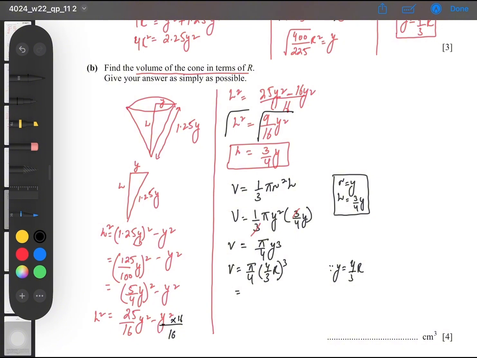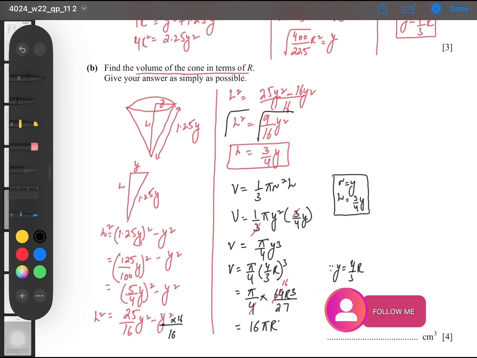So this will be pi over 4 multiplied by 64 r cube over 27. After cancellation, 4 times 1, 4 times 16, it will be 16 pi r cube over 27. So this is the answer.